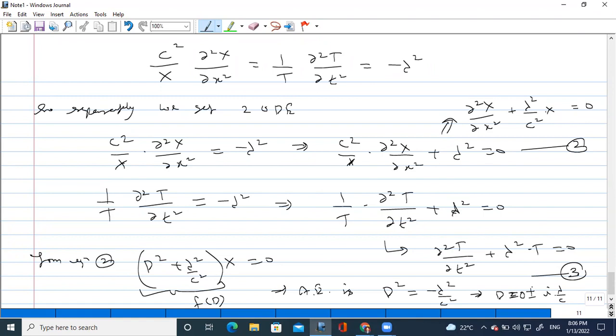For two roots which are imaginary or complex numbers, you can get the solution of that.